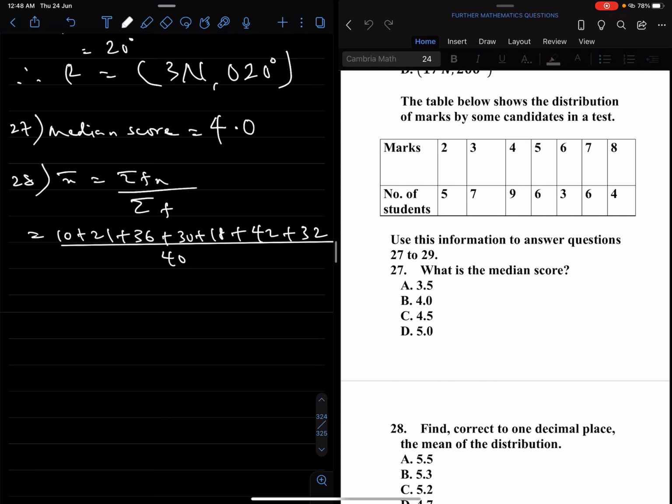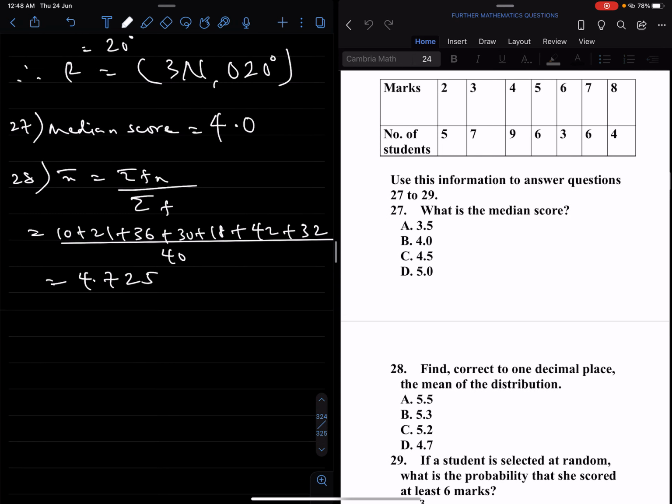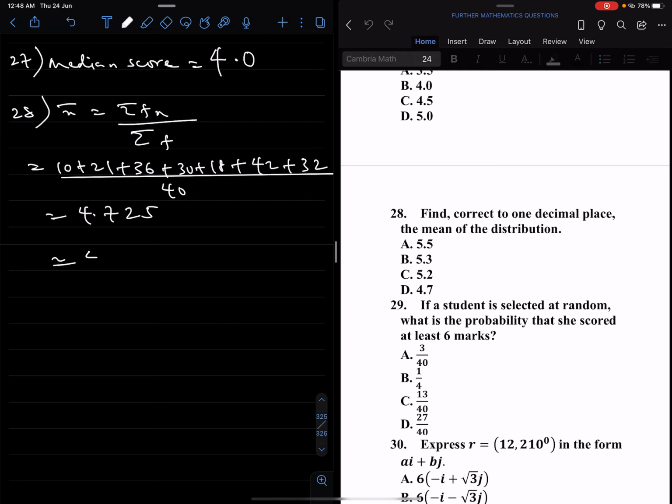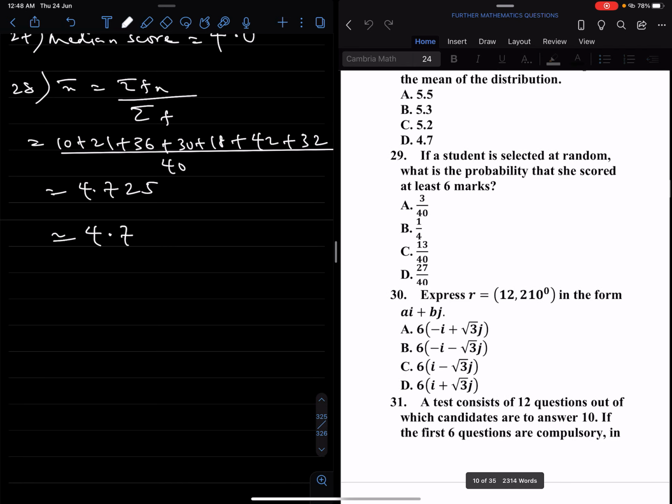That's 189 divided by 40, and that's 4.725, which is approximately 4.7. So the mean of the distribution is therefore 4.7.